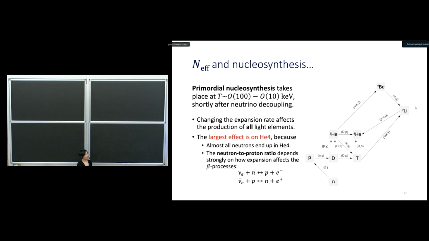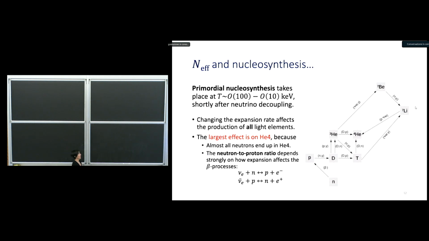You can go to other isotopes of hydrogen like tritium. You can even form helium in these various isotopes, as well as other light elements like lithium and beryllium. And these processes were supposed to have taken place at a temperature of around 10 keV to 100 keV. And recall that neutrinos decouple at 1 MeV. So basically what you should have in mind is neutrino decoupling followed by BBN.